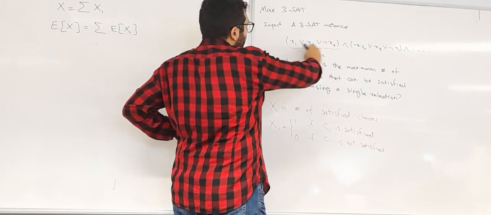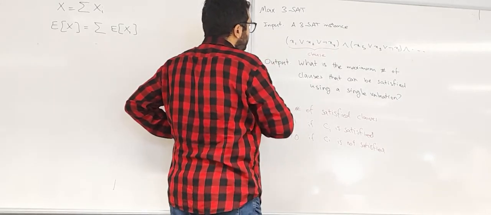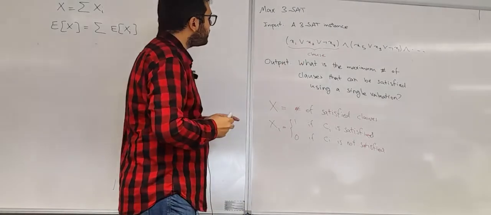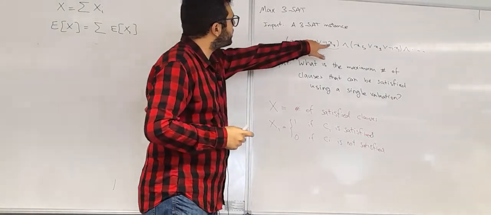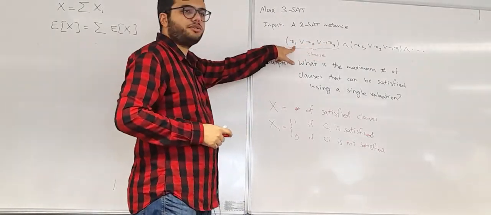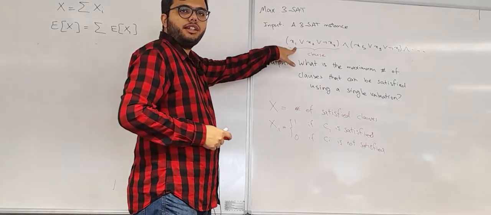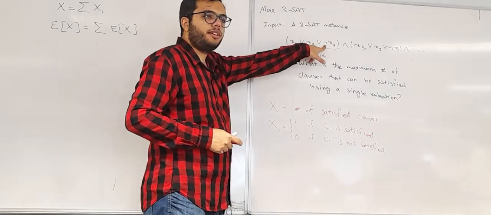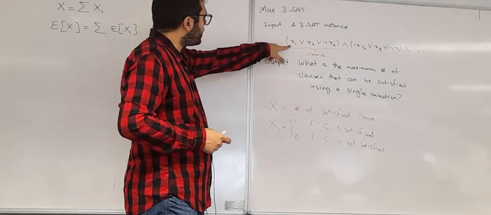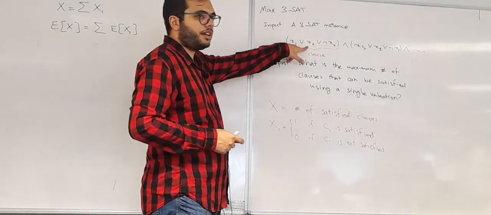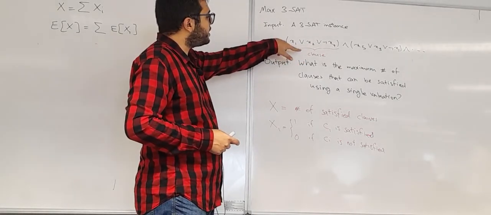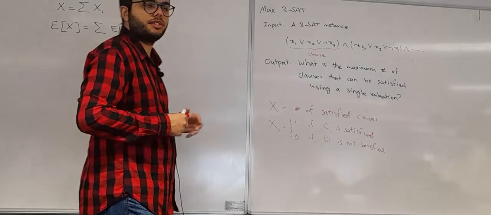In order for this clause to be satisfied, at least one of these three literals inside it should be satisfied. Each one of them has a probability of half to be satisfied. So the probability that none of them is satisfied is 1/8, and so the probability that this clause is satisfied is at least 7/8.